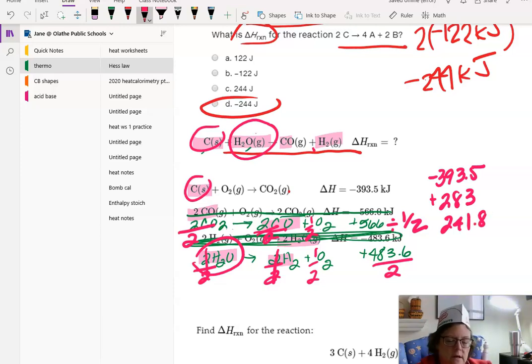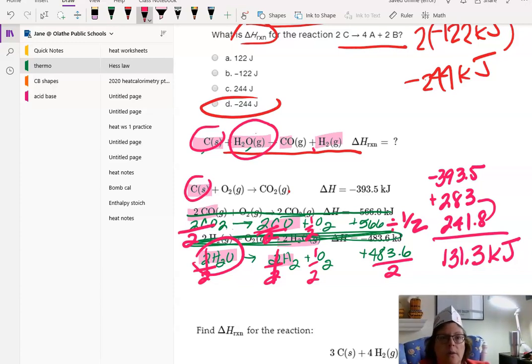So now I add these together. 283 plus, oh no, we're going to subtract, minus 393.5. So I've added this one, and then subtracted that. And my total is 131.3 kilojoules. Okay, so I've rearranged my equations so that they create the complex equation.